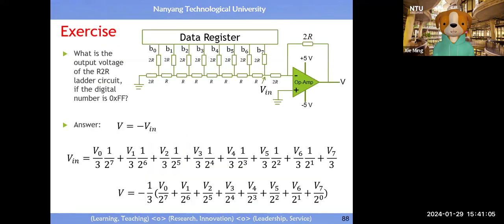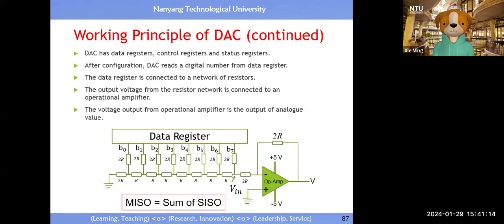Okay, you can easily prove that the relationship is like this. How to prove it? You need to apply this concept. Remember when we studied control theory, we had that multiple input, multiple output equals the sum of single input, single output. For this circuit, you can treat it also as multiple input, single output, equal to the sum of single input, single output.